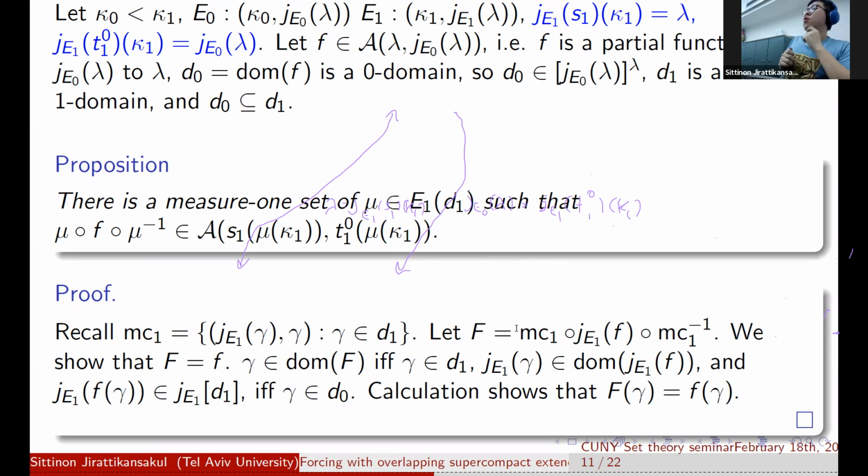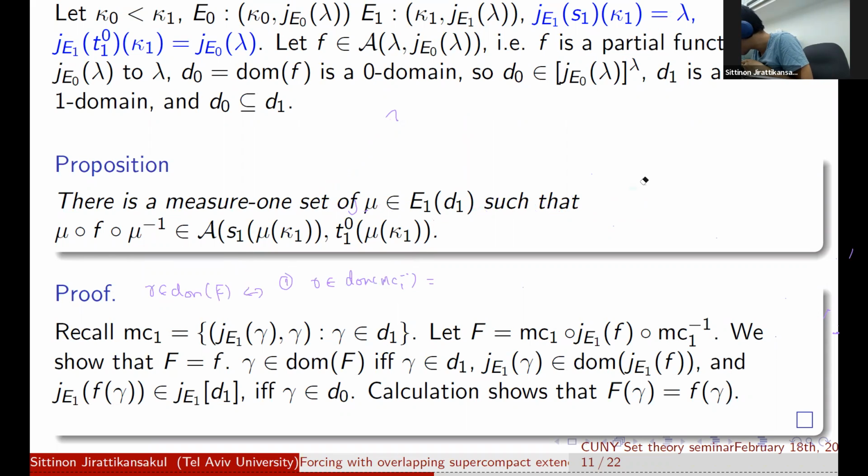Second, once you compute MC1 inverse, I think it's better to write it down. Gamma is in the domain of F only if, first, gamma is in the domain of the rightmost guy, MC1 inverse, which is the range of MC1, but the range of MC1 is just D1.